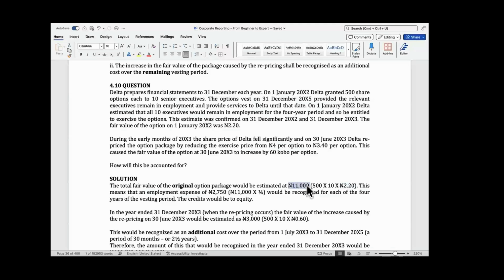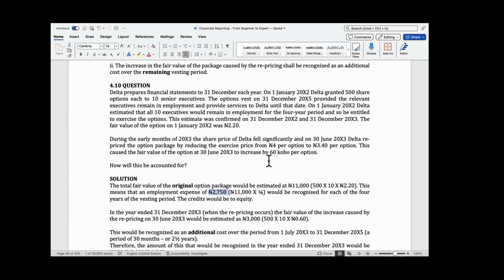This 11,000 is not something we recognize and measure entirely in year 1. It is what the value of the option is at maturity. But like I told you, we need to recognize it over the period, since we are going to be enjoying the service from the employee over the period. So you divide this by 4 because the vesting period is 4 years. That means in each year, you recognize 2,750 for the 4 years. You just debit staff cost, credit equity. That's the original, so nothing is going to change for that.